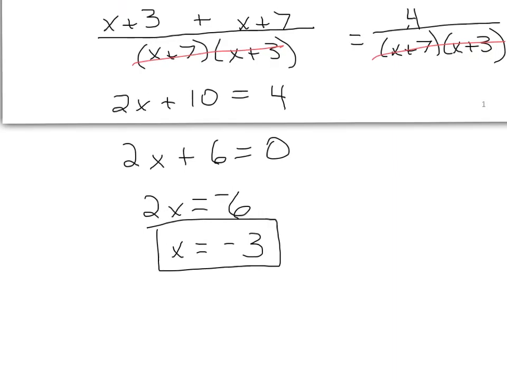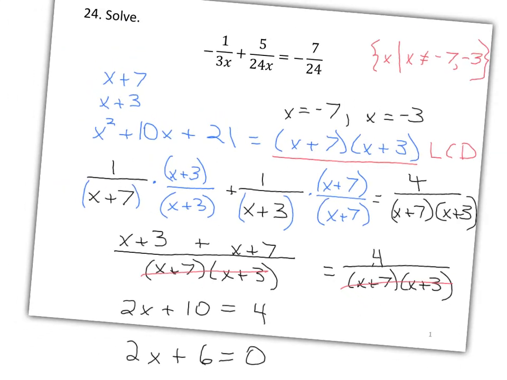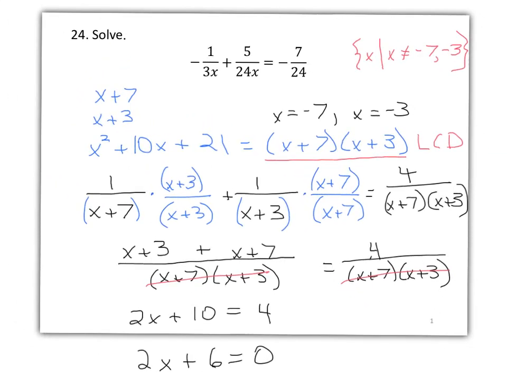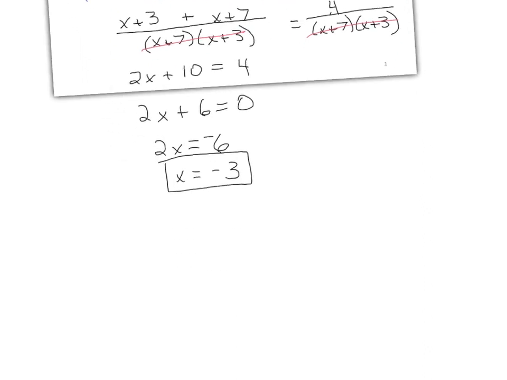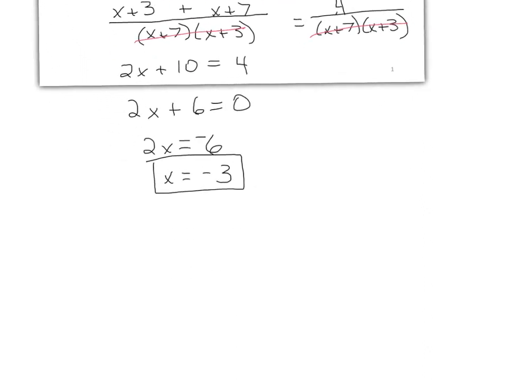But we're not done because we have to go back and see our domain says that x cannot equal -3. And since that's the only solution we found, that means that this solution won't work, and there is in fact no solution to that problem.